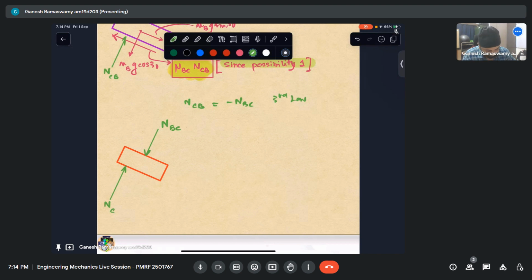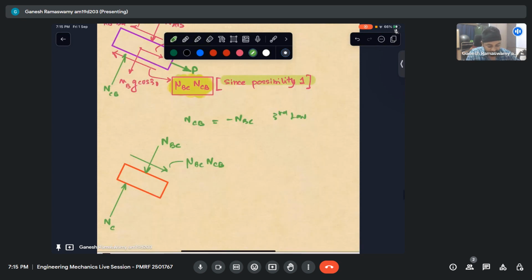Since that is pushing it in this direction, there will be friction like that. And this will be mu BC NCB. This NCB, NBC could be confusing. You can simply replace it with N1 or N2 or N3 also. So I'm writing it with different syntax, with Newton's third law also written here. If you don't want to write Newton's third law, you may as well take one single index and write it.